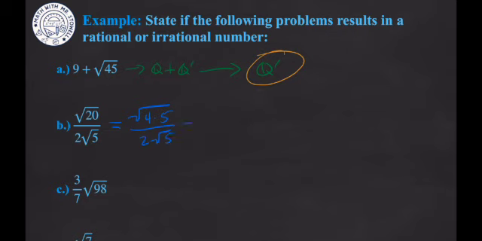Square root of 4 is 2, so that goes on the outside. So we end up with 2 square root of 5 divided by square root of 5. It's the same on top and bottom. So let's divide both by that. So this would be equal to 2. Is 2 rational or irrational? It is a rational number.